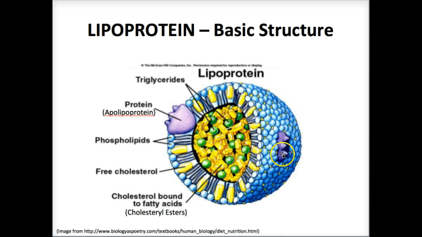You can see these purple guys here. These are the proteins that occur sporadically within the membrane. And since the lipids are water insoluble, this particle is the, quote, water-friendly vehicle, if you will, by which they travel around in the blood and the lymph.